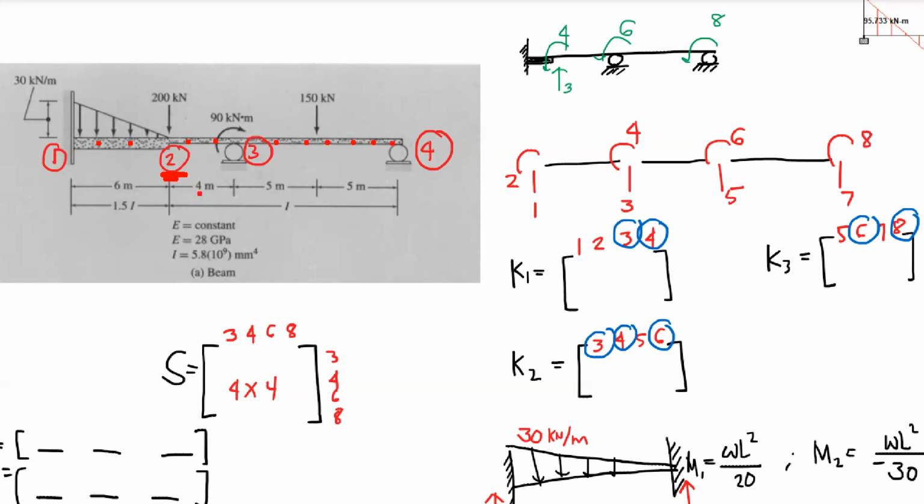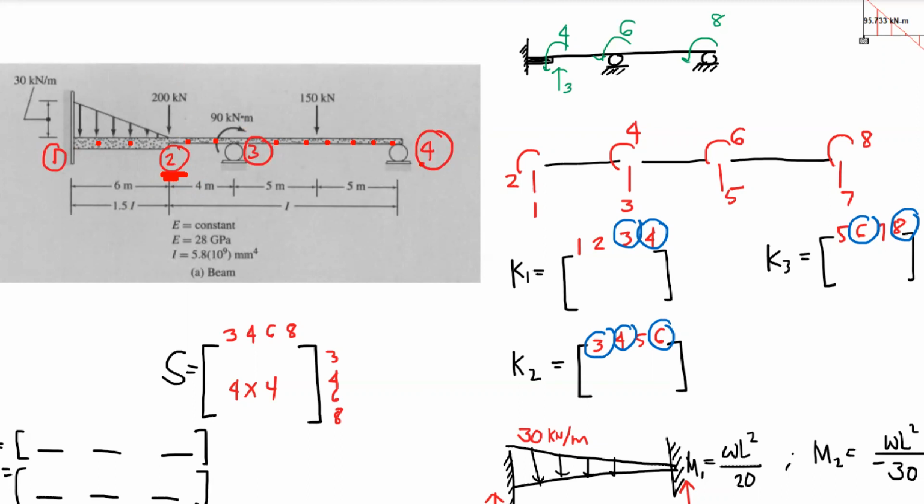But as an engineer, as a designer, it's wise to put nodes on certain points, like a location where there's a change in inertia, or say a material, and also loading. You can do that.